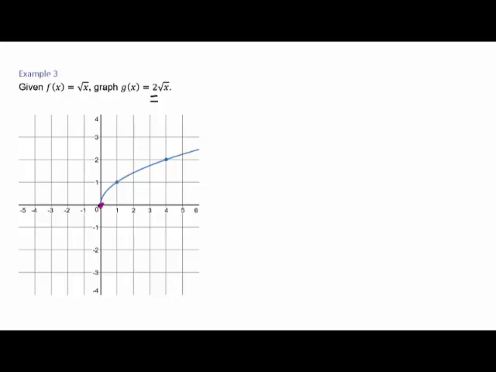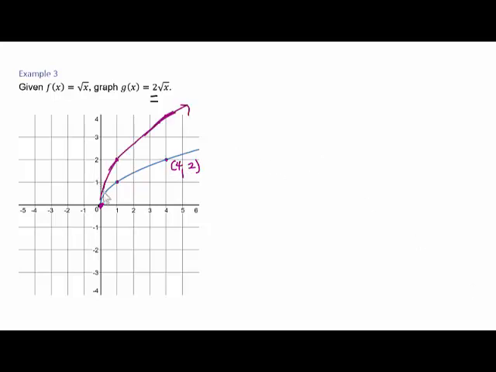This next point at 1, 1, the y value is 1, but if I multiply that by 2, I now get a y value of 2. And then let's do one more. This next point is located at 4, 2, but I multiply the y value by 2, and I get a new point at 4, 4.